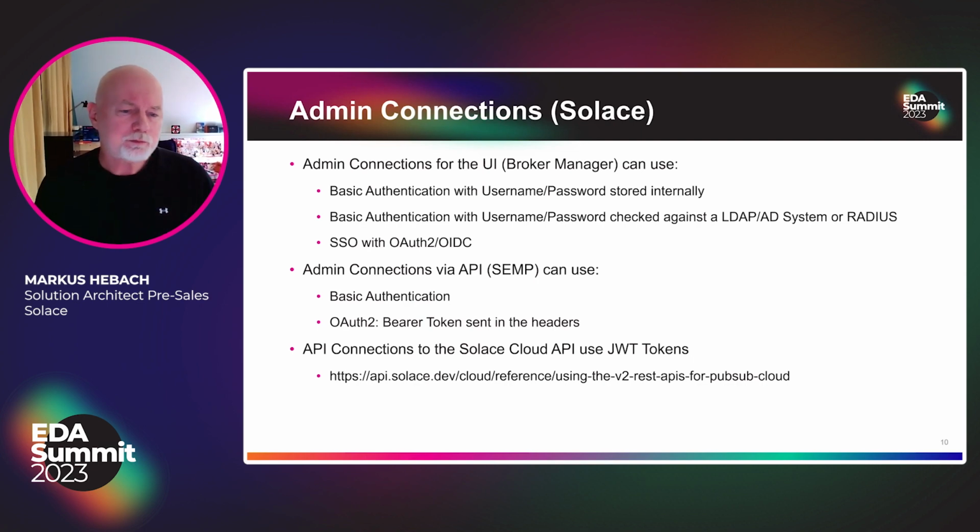And also, there's an option to use API connections to the Solace Cloud API, which is also an automation mechanism to deploy and configure event brokers and services, and do that via JWT tokens, JSON Web Tokens. So that's another way of automating and optimizing the flow.